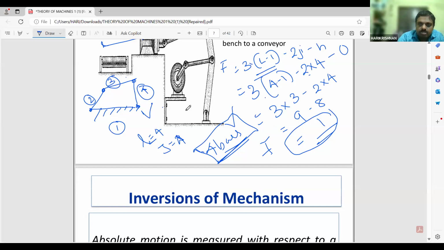When we apply the equation, we get the degree of freedom as 1. So the system has some degree of freedom; it has some movement to any of the sides. From this, you will understand that it is a mechanism. So the minimum criterion for a mechanism is a 4-bar. Is it clear? Then I will proceed further.